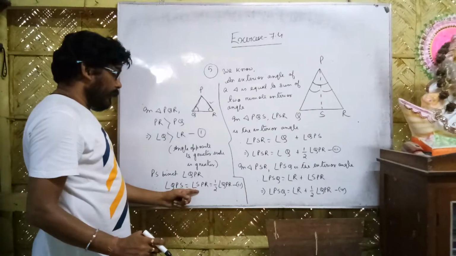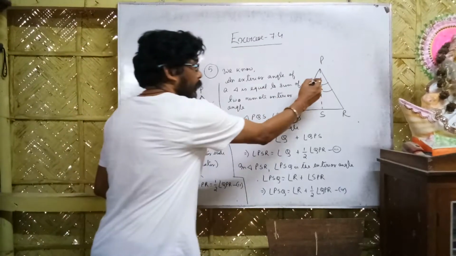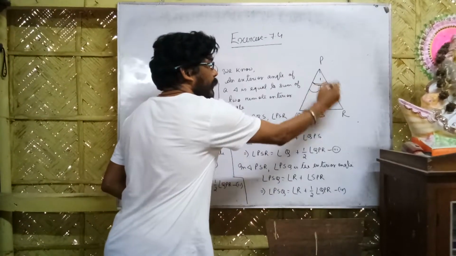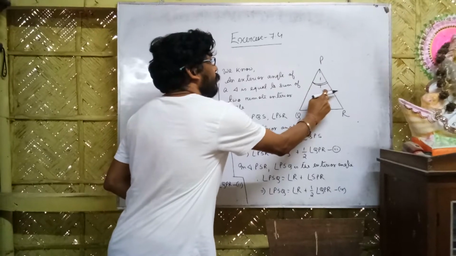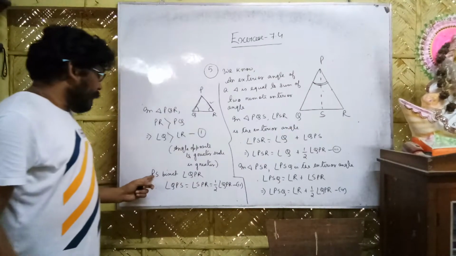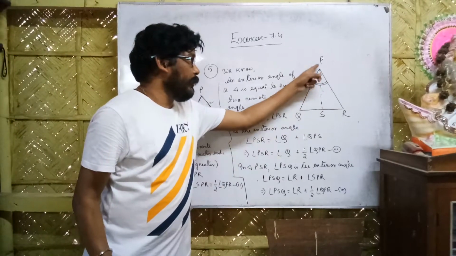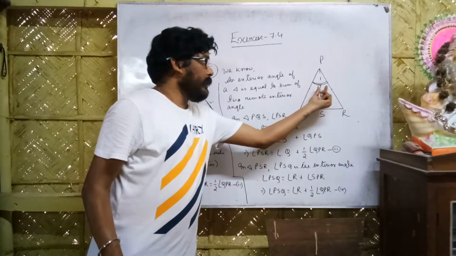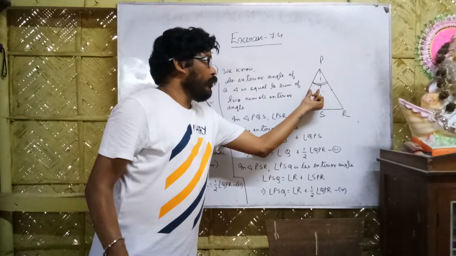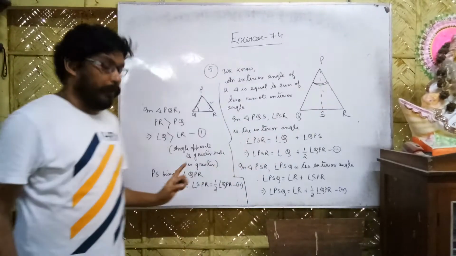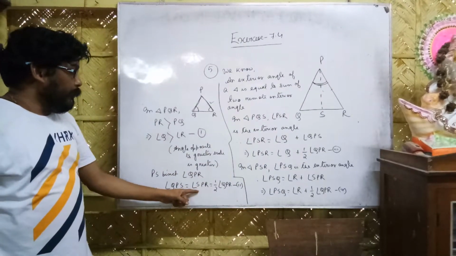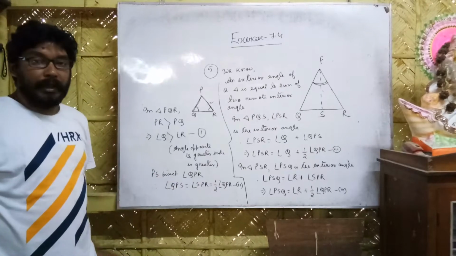They are equal, and each of them is half of the complete, which is QPR. Understood? I repeat again: PS bisects angle QPR, so this angle is equal to this angle, and each is half of the complete. QPS equal to SPR equal to half of angle QPR.